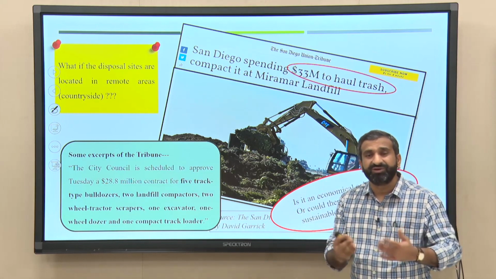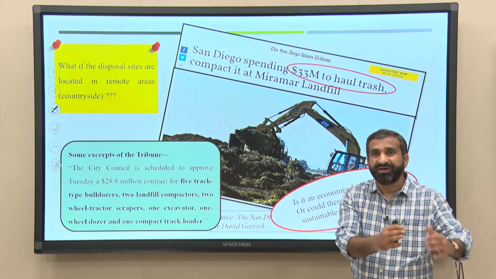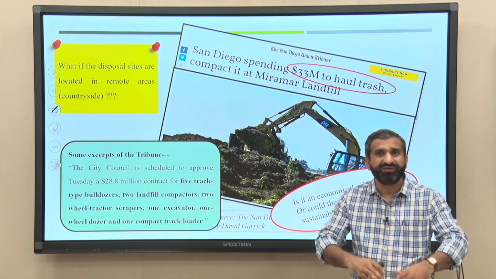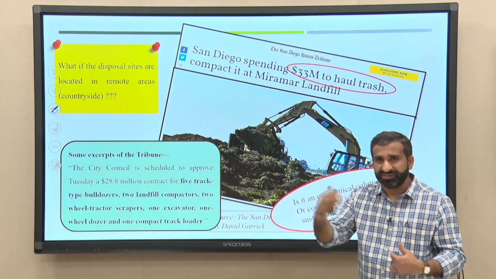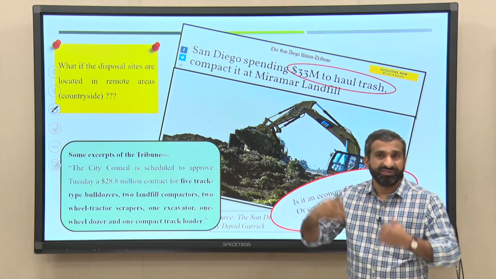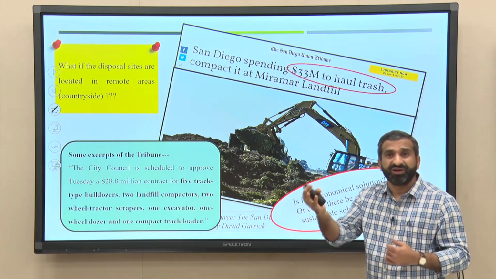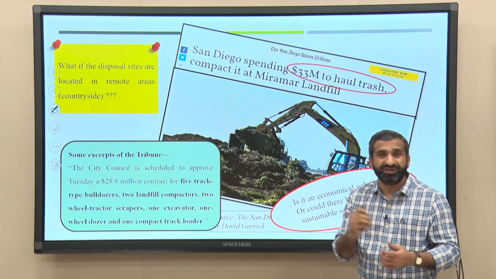They are worried, because there is no location available nearby, and wherever they find a location in a nearby village which could be economical, these village people are not allowing them to dispose of the waste near their village.